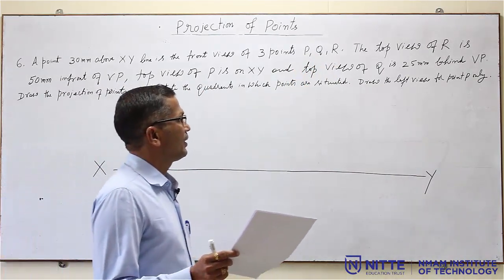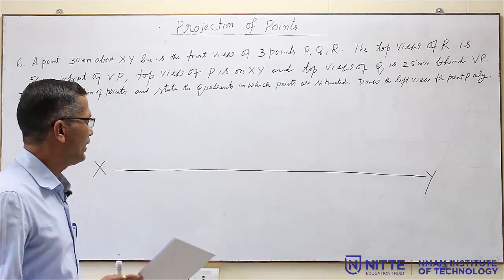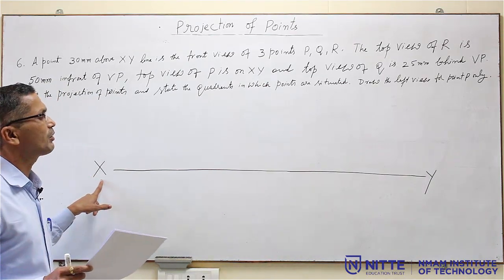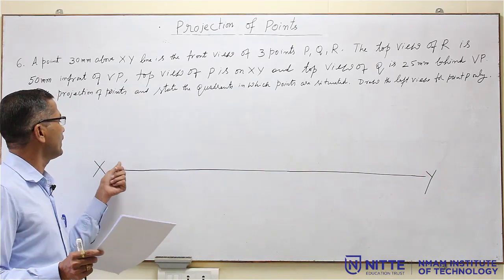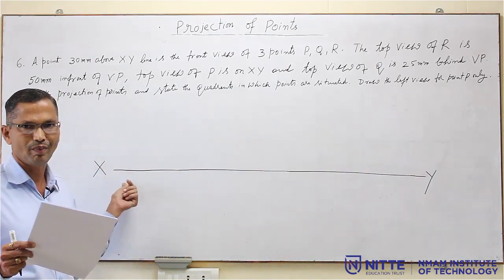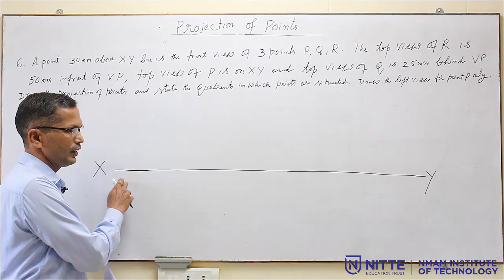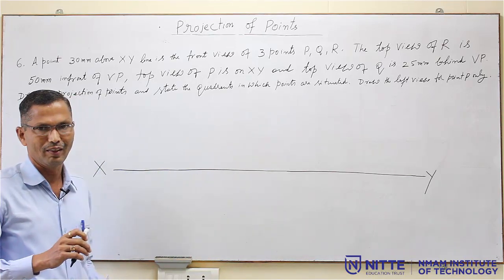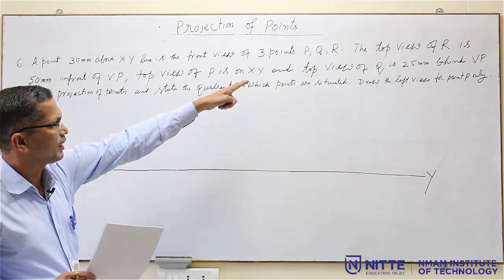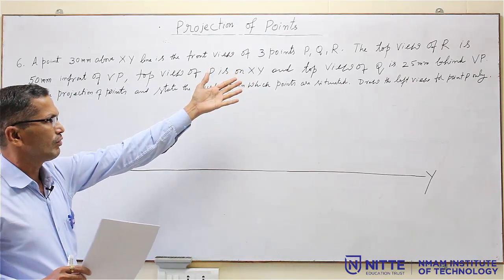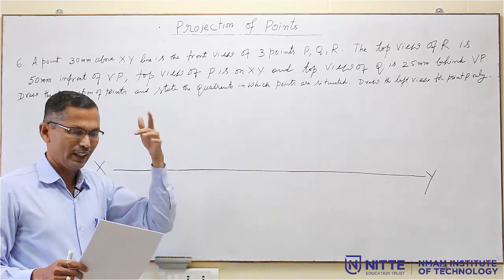Then you have to analyze to which quadrant these 3 points belong, and while drawing here simply draw an xy line and no need of mentioning VP and HP here. Now, if you mention this as VP and this is HP, that means this is the first quadrant, but here it is not the case, because out of these 3 points one may be for first quadrant, one may be for the second or third, fourth, that we have to discuss later.